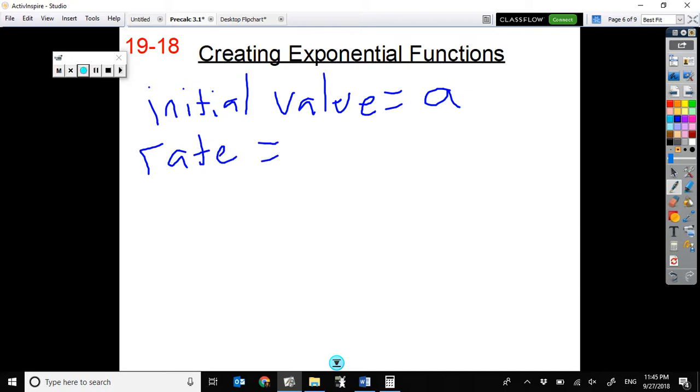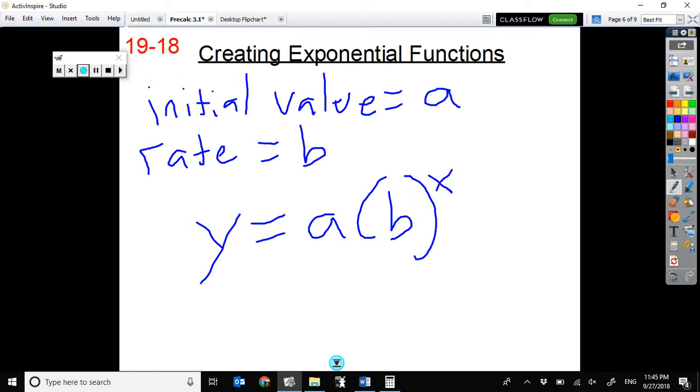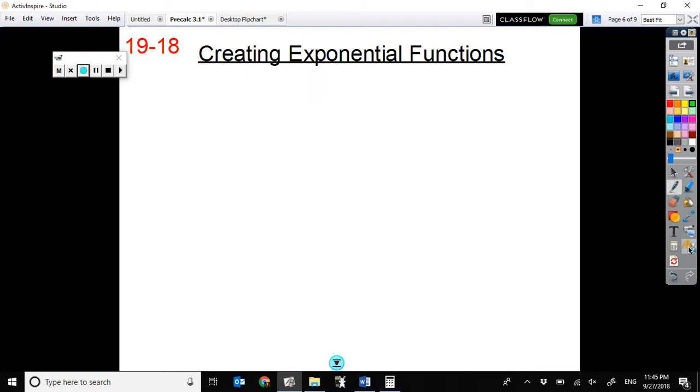We're going to call our rate B. And we're calling them A and B because it's going to look just like what we saw earlier. Okay, so my initial value is going to go here. My rate is going to go here. We'll do an example.